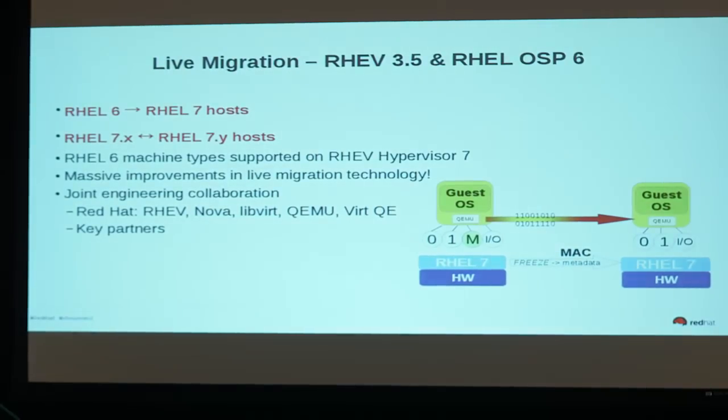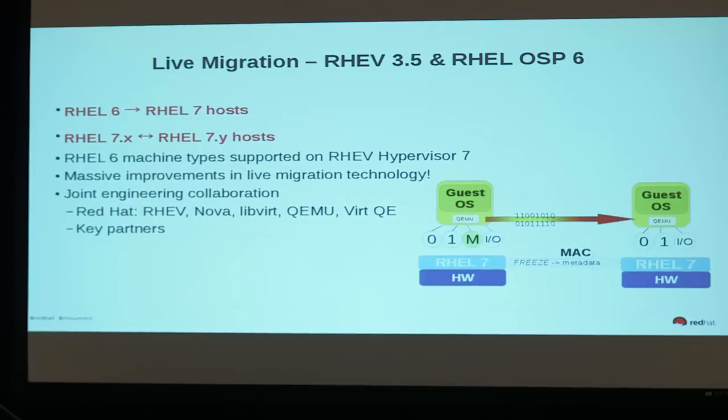Now this really took some expert engineering from within Red Hat, because we were going from QEMU 0.12 up to QEMU 1.5. So I have to say, we have the best experts in live migration technology on the planet to have pulled this off for the RHEV team and for the OpenStack team.